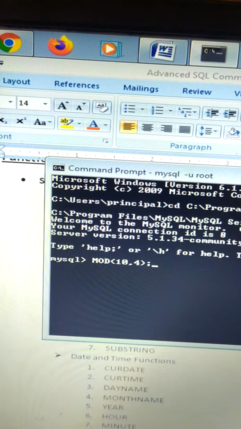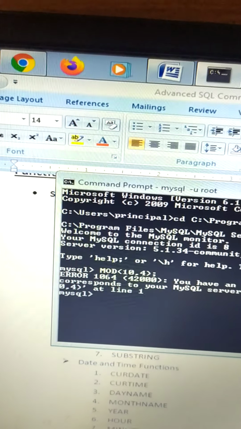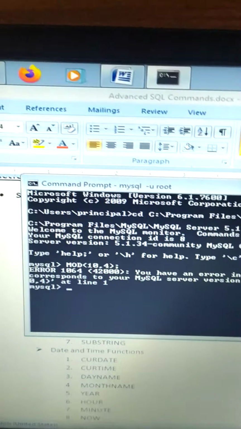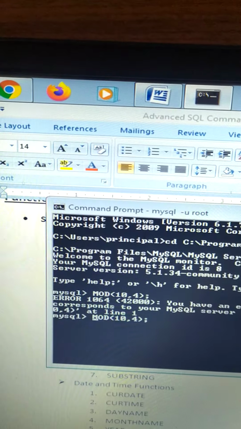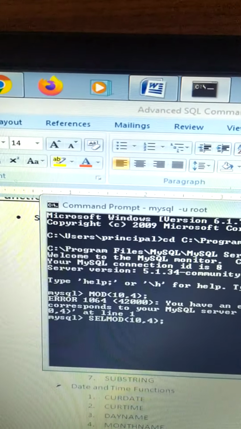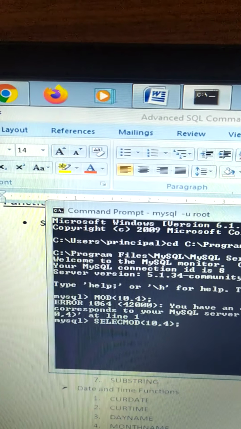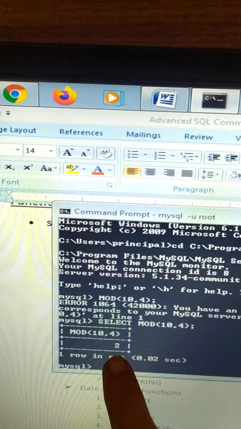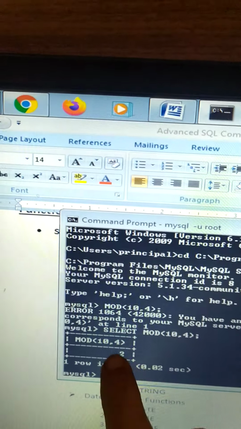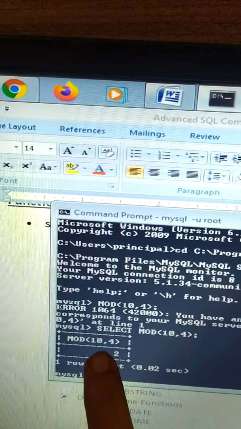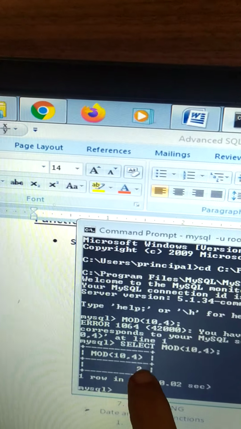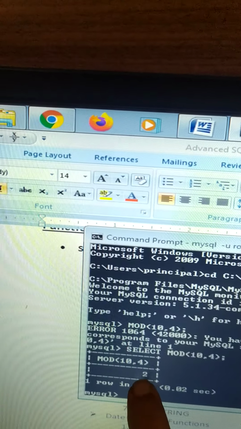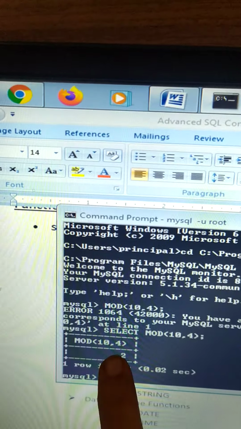Sorry, we forgot to write the select. Select mod(10, 4). So, we get the answer 2. Now, what does this 2 mean? Mod means the remainder. If we divide 10 by 4, the remainder is 2. So, you will get 2.